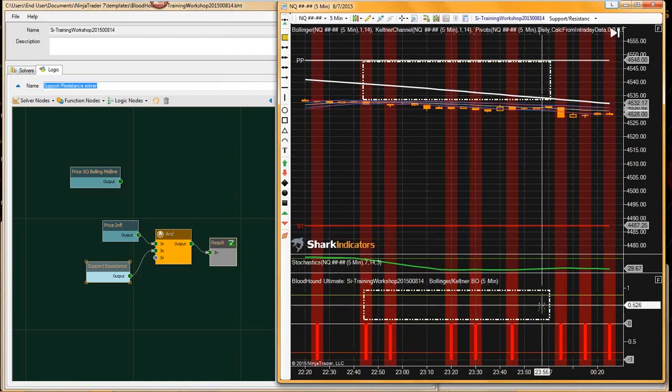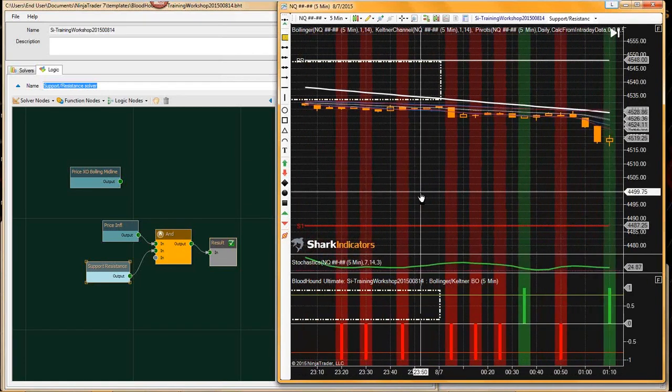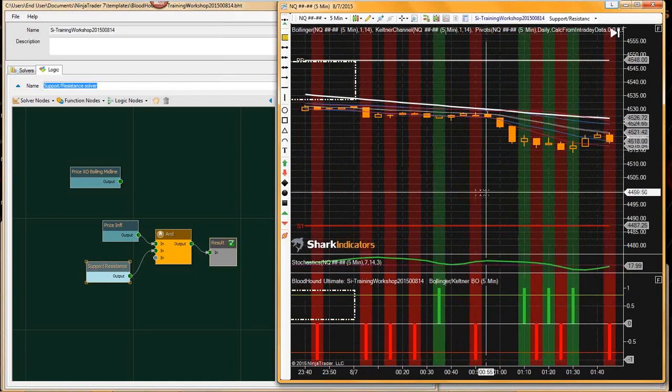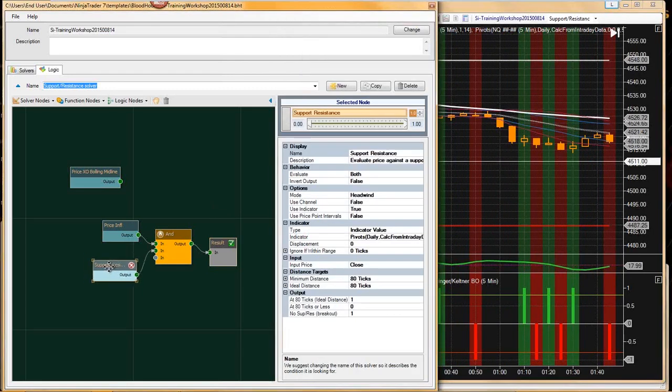So all these long signals have been filtered out in this rectangular area, and as we move down, we start to get some long signals here, and that's because there's enough clearance to take a long trade into our resistance line up here. So that's the primary use for the support resistance solver, is as a filter.